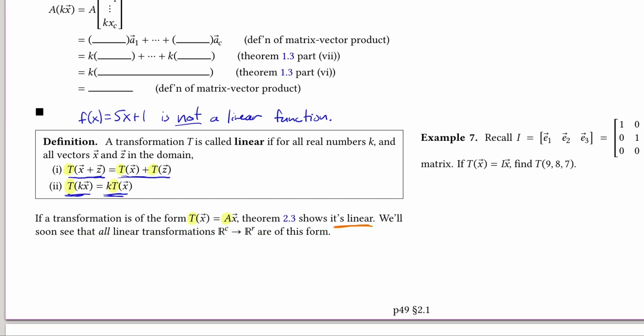This is kind of like in section 1.5, I think it was, about subspaces, that every subspace of R^n can be written as the span of some vectors in R^n, and the span of some vectors in R^n is a subspace, but they're different ways of looking at the same thing.